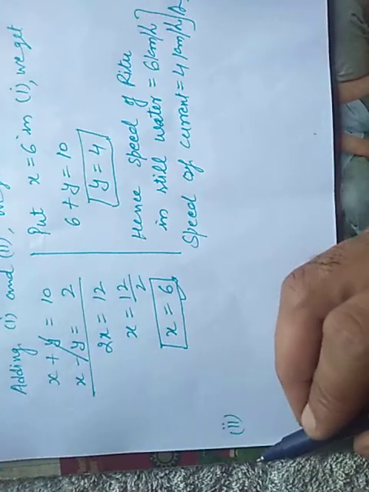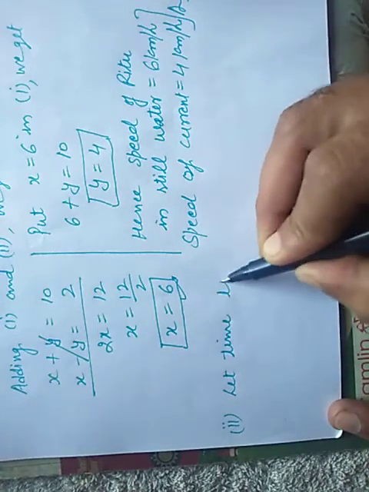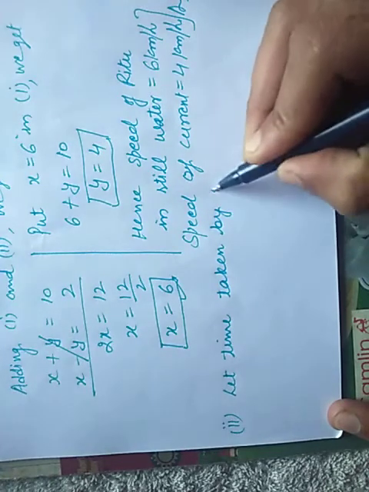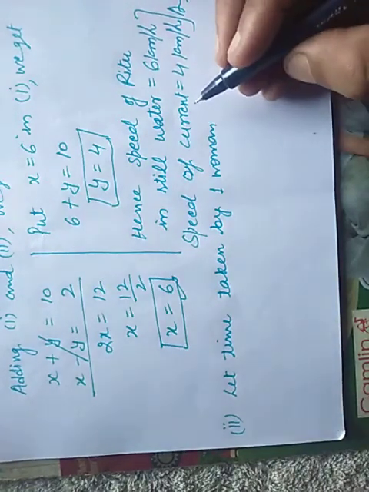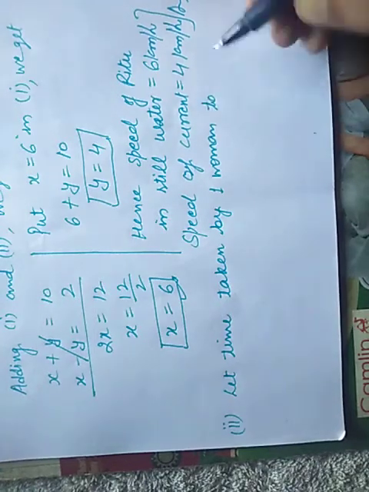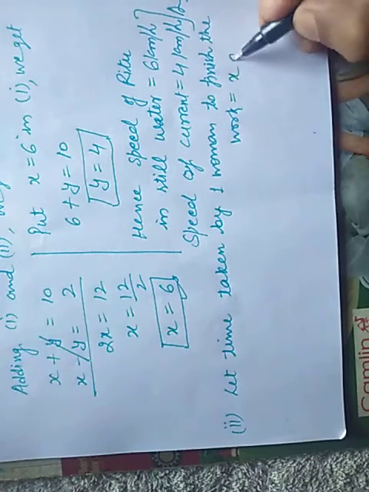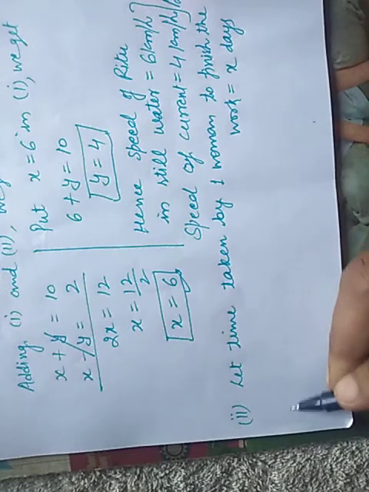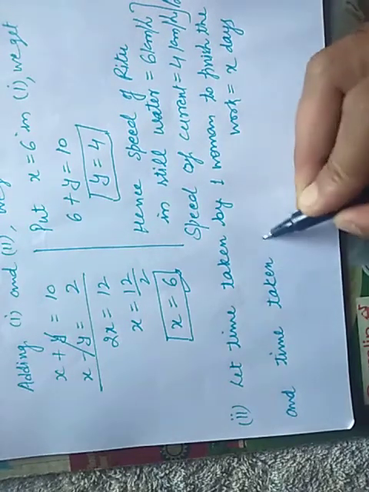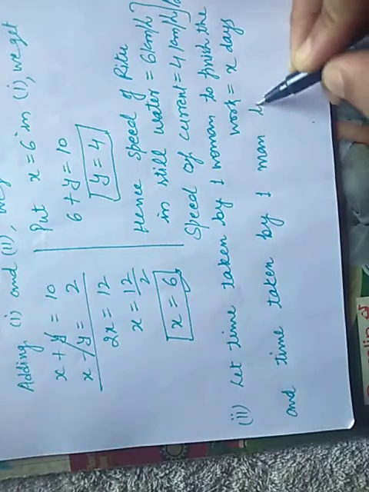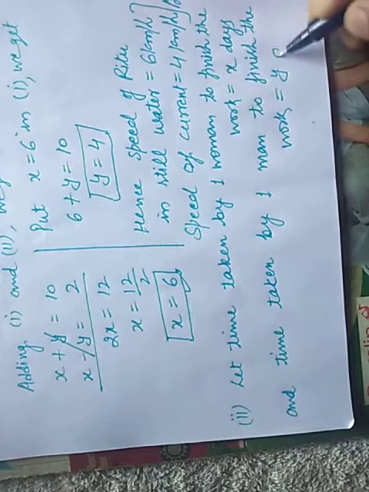Second part: let time taken by 1 woman to finish the work is equal to x days, and time taken by 1 man to finish the work is equal to y days.